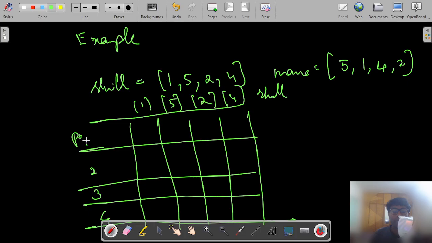So we know this has a value 1. And the mana values are 5, 1, 4 and 2. So these are all the portions. For portion 1, this is the value and this is what is written here.